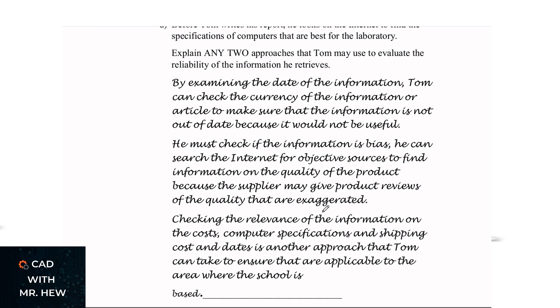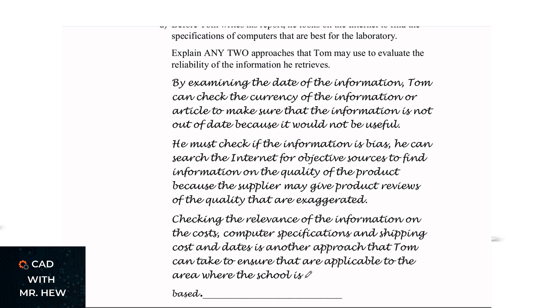Checking the relevance of the information on the cost, the computer specifications, and the shipping cost and shipping dates is another approach that Tom can take to ensure that they are applicable to the area where the school is based.